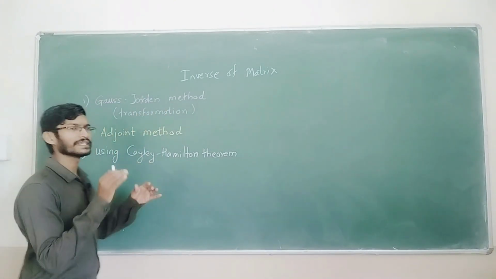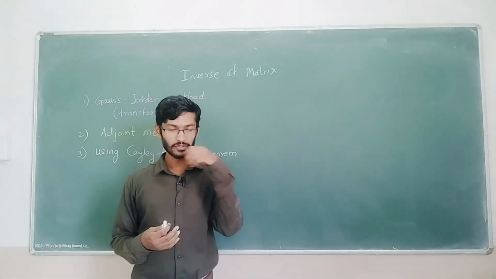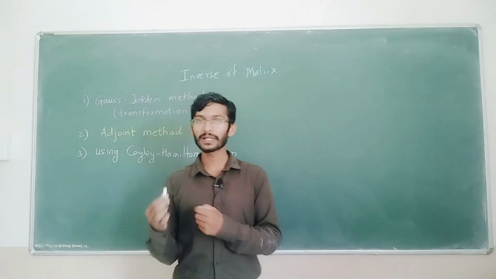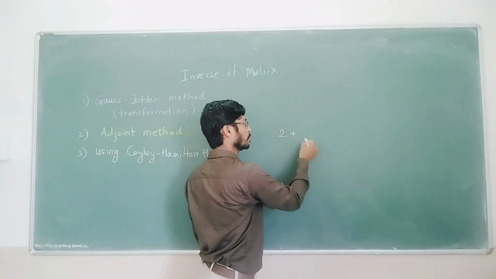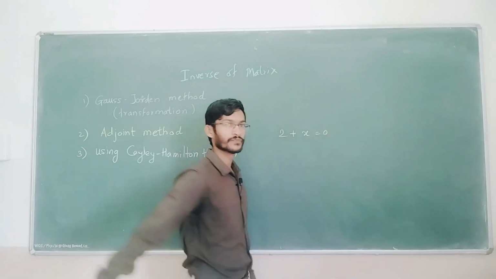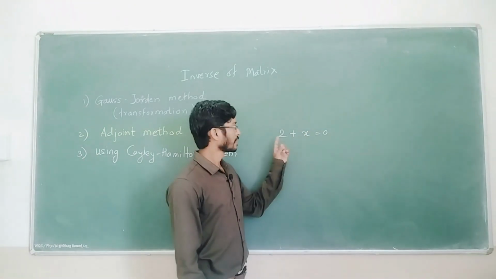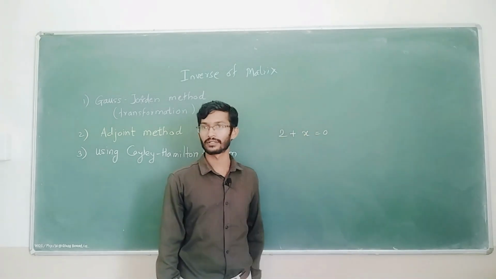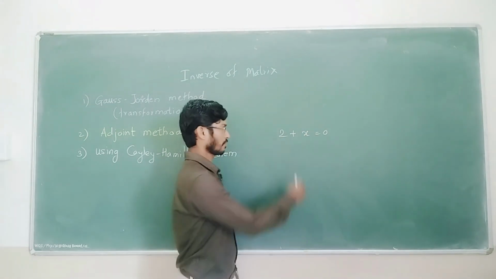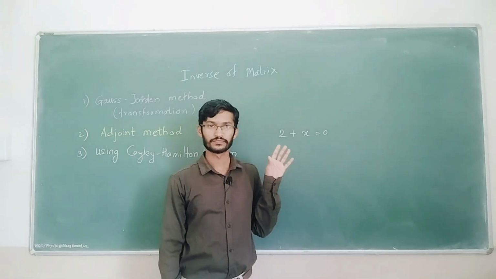Now first of all we will see what is inverse. Usually what we do in algebra, we have different types of equations: 2 plus x is equal to 0. If this is true, then x is called an additive inverse. Obviously we know the value is minus 2.